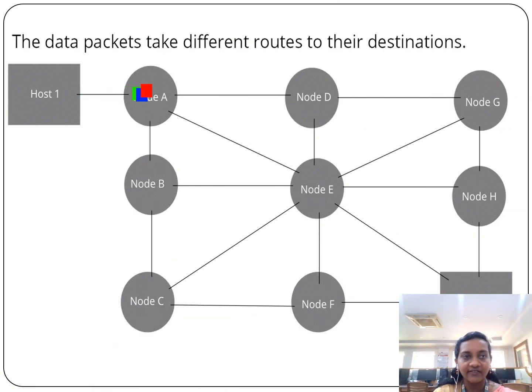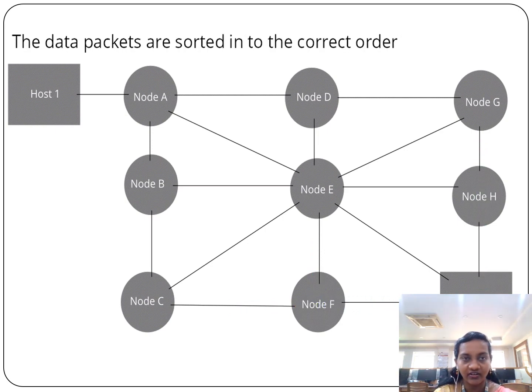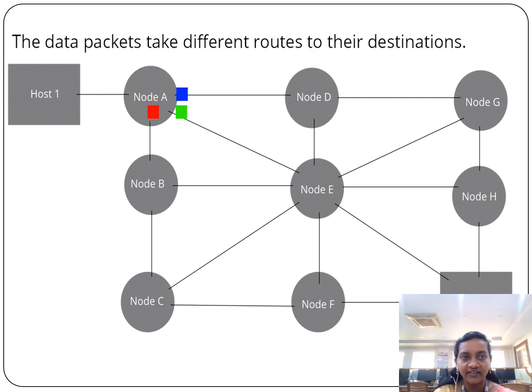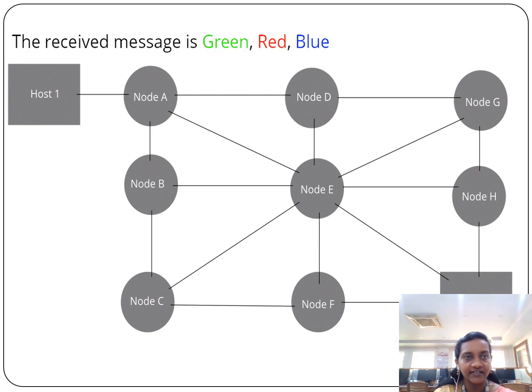The same example can be depicted by another animation. Consider two hosts, host 1 and host 2. Host 1 is the sender and host 2 is the destination. Node A, node B, all these are considered as the intermediate nodes or intermediate hosts, and the message is split into packets. The packets are indicated by three colors, that is red, green and blue.